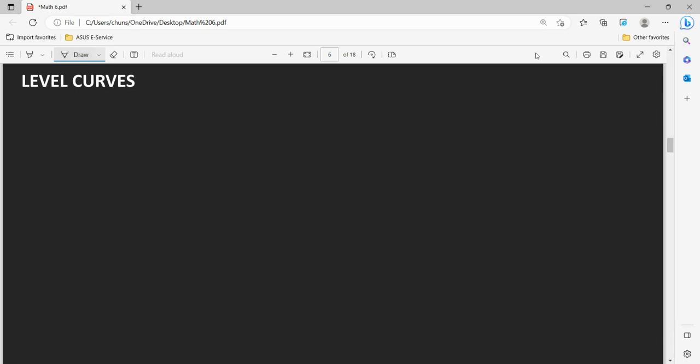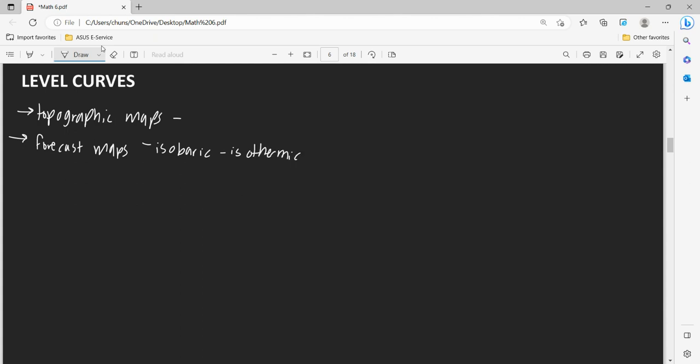All right, so talking about level curves, some places you may have seen level curves are on topographic maps, as well as forecast maps. So these are used for maybe isobaric or isothermic regions. Isobaric means same pressure, isothermic means same temperature.